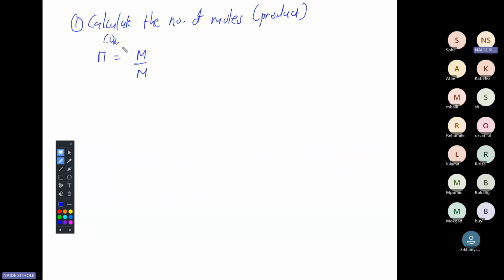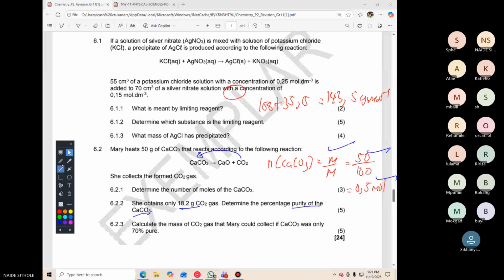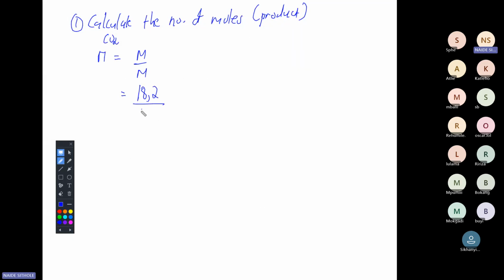Remember, we are calculating for carbon dioxide: 18.2 divided by 44, that's 12 plus 16 times 2. 18.2 divided by 44 is 0.4136 mole.